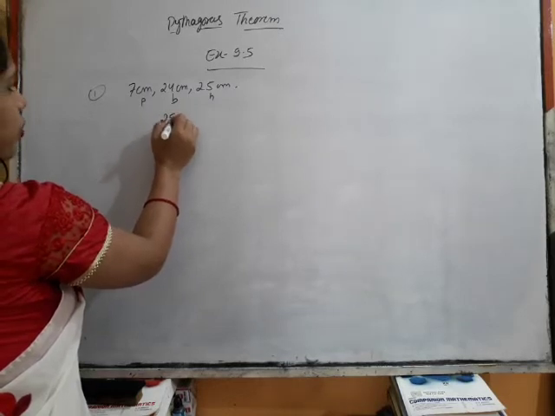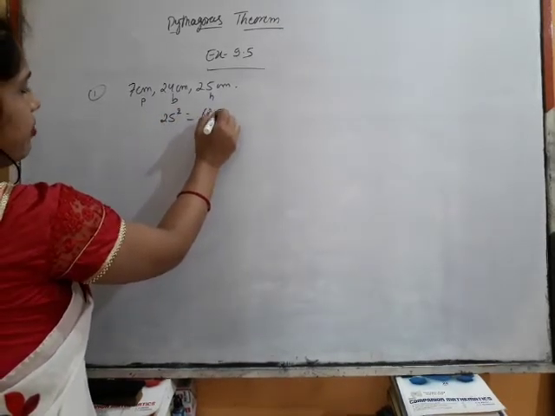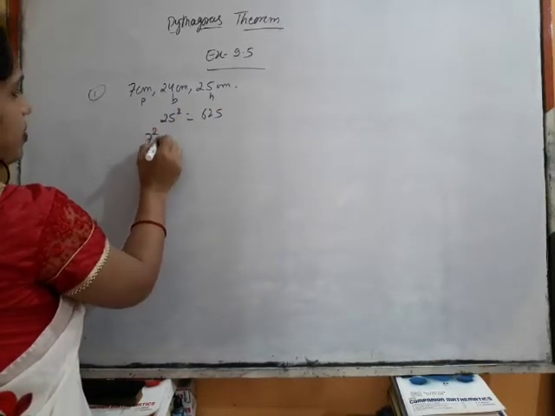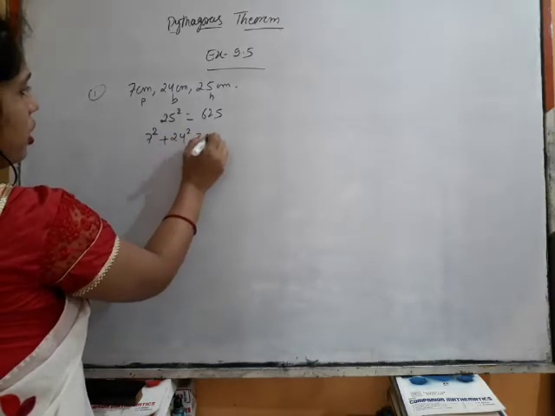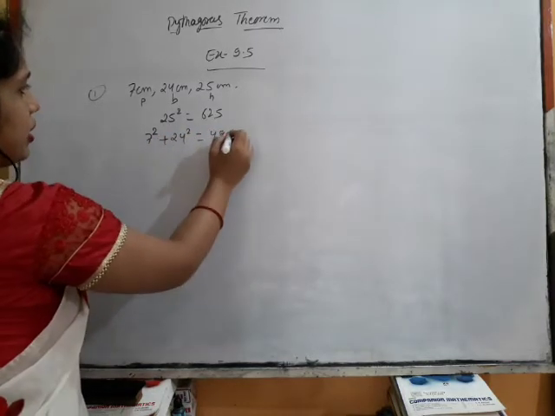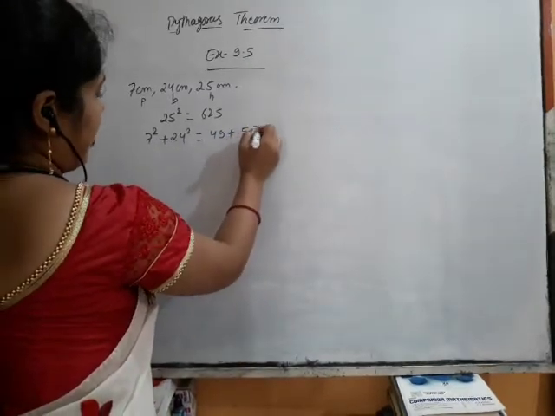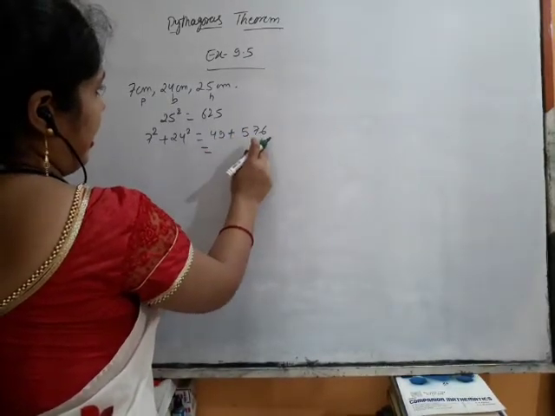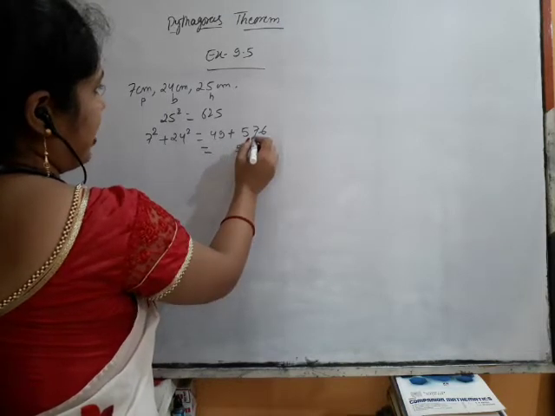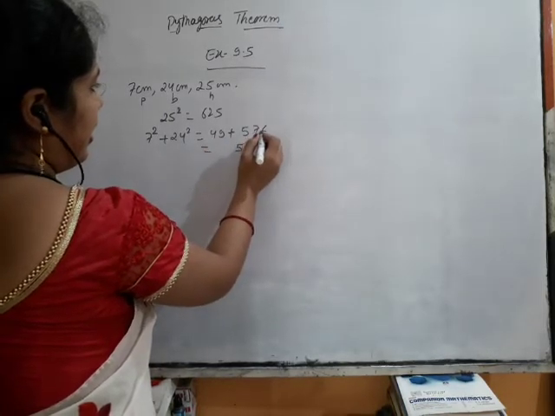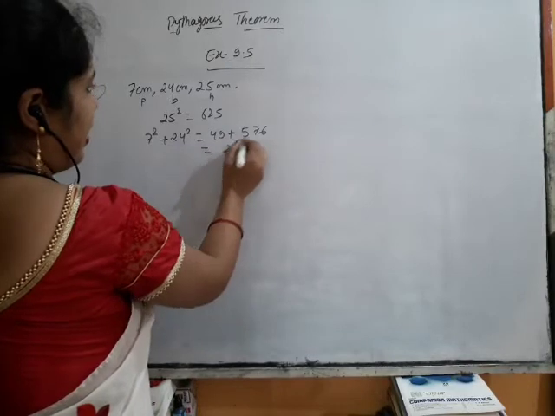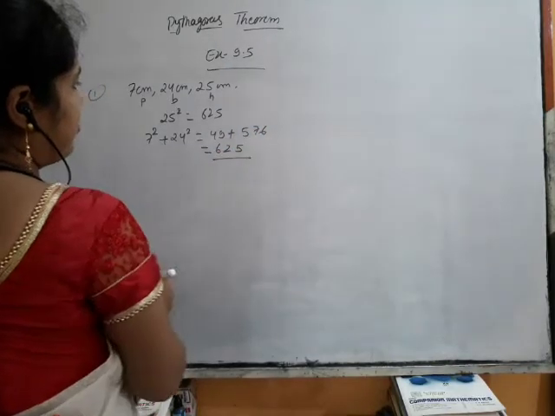So the square of 25 is 625, and the square of 7 is 49. The square of 24 is 576.